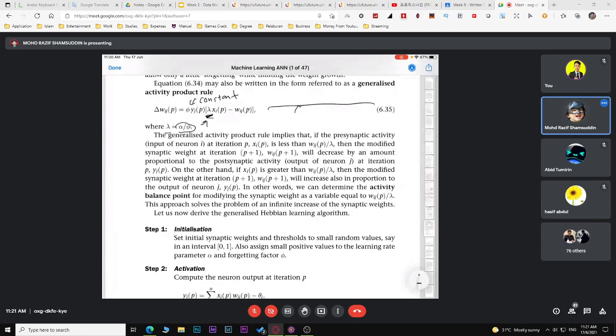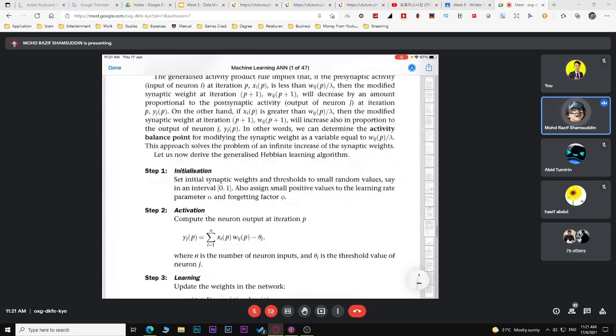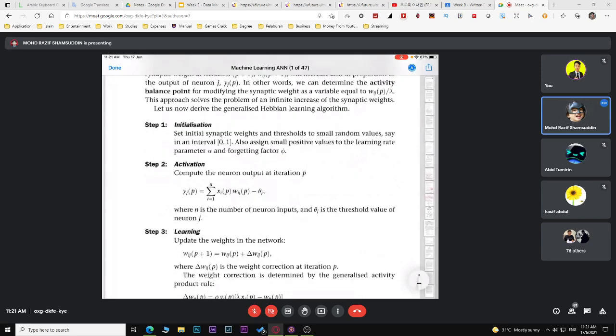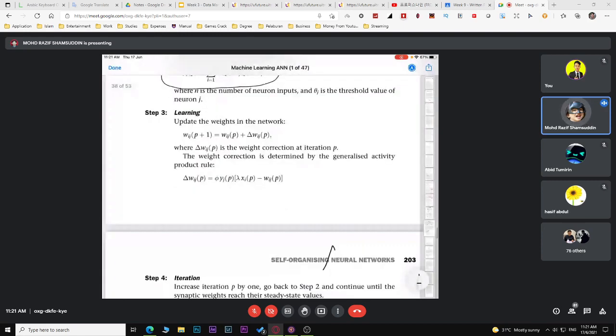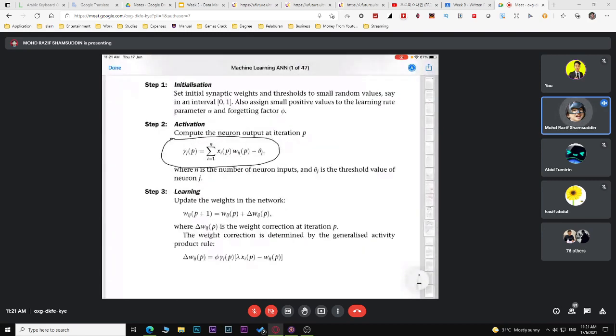Macam mana pula iteration dia berlaku? Iteration dia sama je macam perceptron. Okay. Dan step dia pun sama. Tengok ni. Step dia kalau you dah ingat kat perceptron, for Hebbian, jangan tersilap Hebbian dengan Hopfield. Step 1, step 2, step 3 dan step 4 adalah sama.